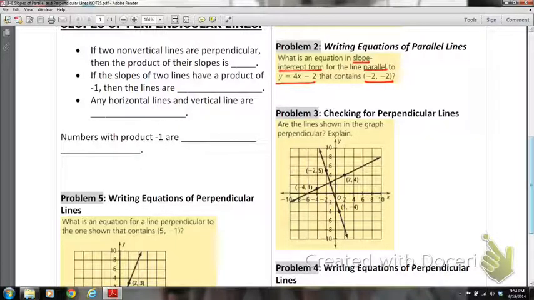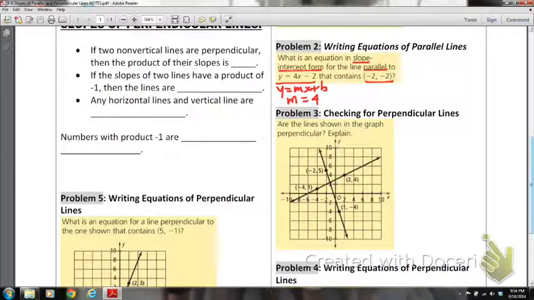So let's compare the slope of the line that we're given to y equals mx plus b, and the slope is going to be 4 because it's the coefficient of your x variable in slope-intercept form. So the slope of the line parallel to this one is also going to be 4 since their slopes are equal.